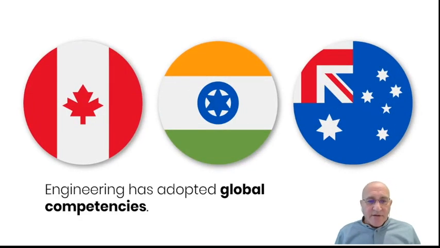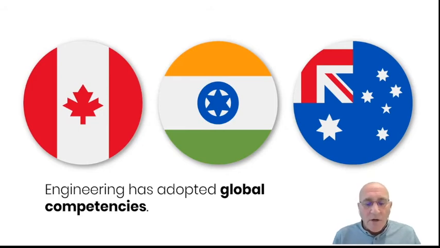So in engineering, I've been working with them for about 15 years as they've moved to a more outcomes-based accreditation system here in Canada, where in the past they used inputs like number of hours in a lab and number of courses in math as their indicators of what students are learning.